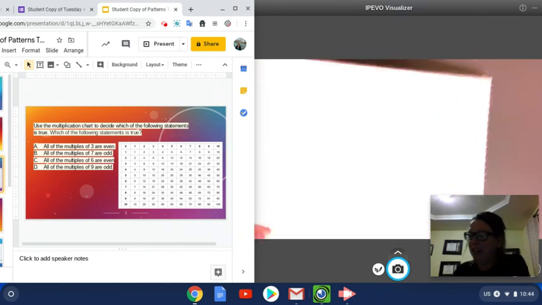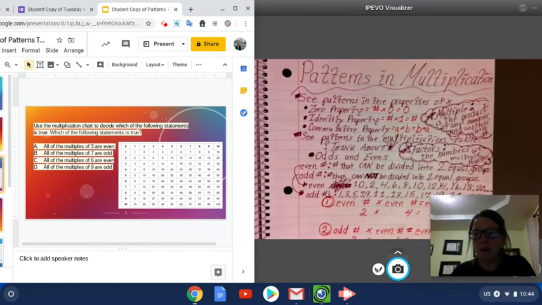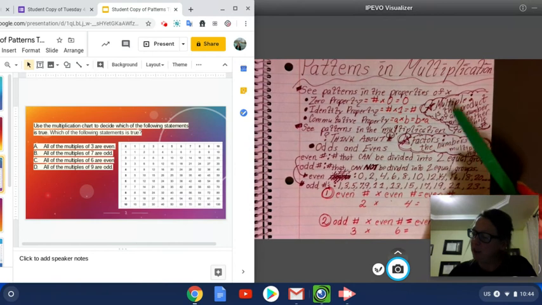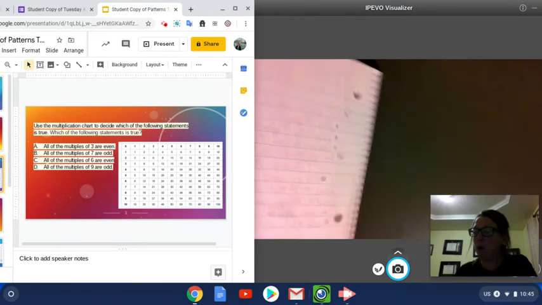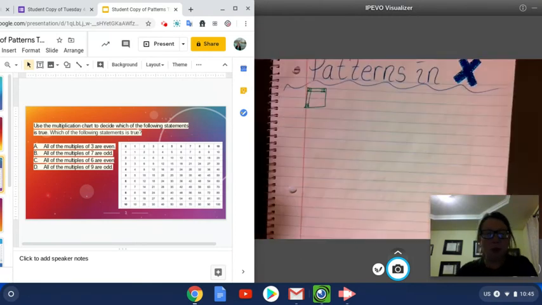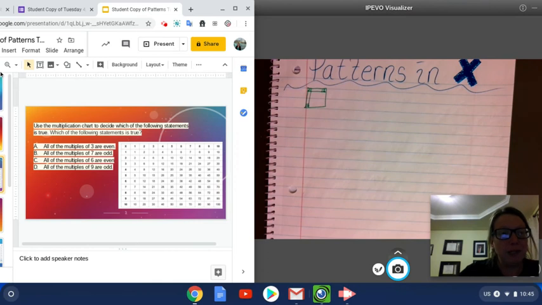Well, if we go back to our notes from yesterday, a multiple is the product of any number and another whole number. So let's think about the multiples of 3.